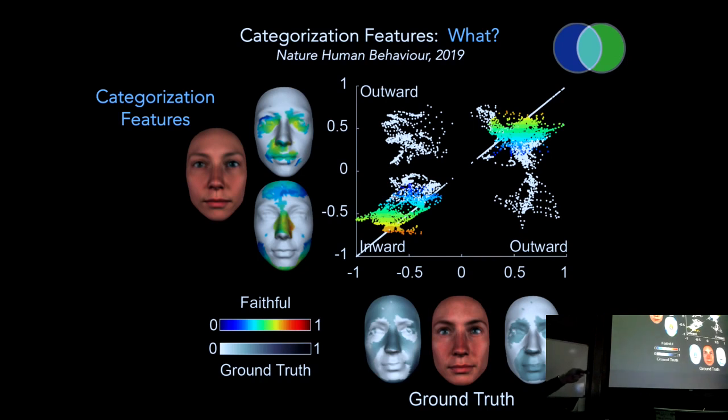And what you see here colored are the features that are indeed veridical of Rachel's face in the mind of the participant, which are the inward pinched nose, the thinner pointy chin going inward, and outward primarily the pouty mouth and the bigger eyes.